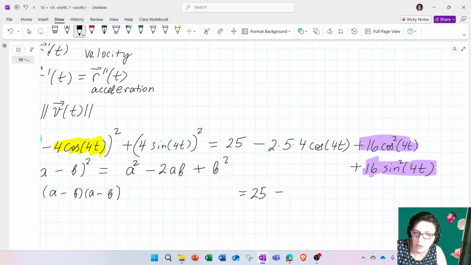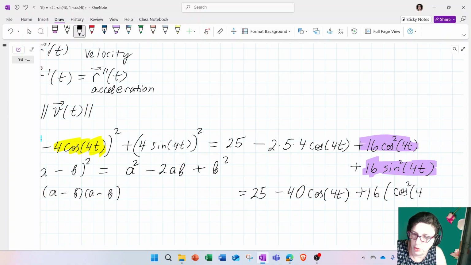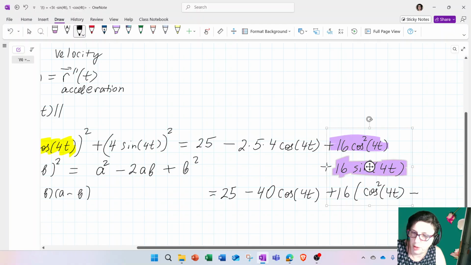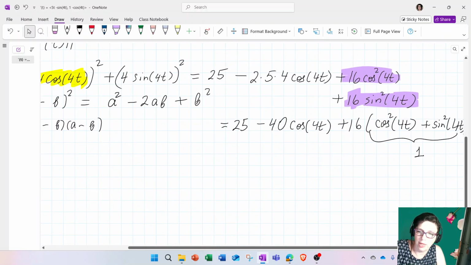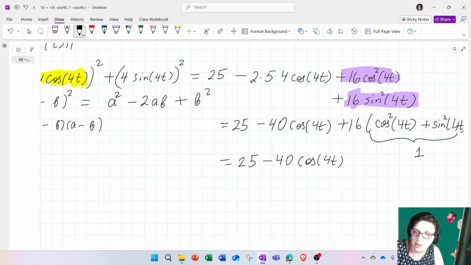Okay, so we got 2 times 5 is 10 times 4, 40. So this would be 40 cosine 4t. But here, if I take out the 16, I see my favorite identity, cosine squared of something plus sine squared of the same something. They have to match, and they do. This right here is just equal to 1. So isn't that nice? So this becomes 25 minus 40 cosine 4t plus 16.